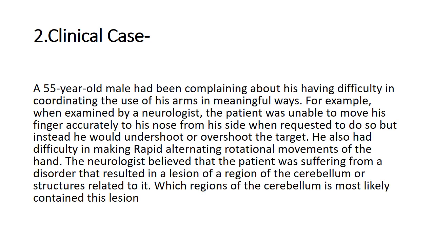Similarly, a patient having difficulty coordinating the use of his arm in meaningful ways, unable to move his finger accurately, and having difficulty in making rapid alternate rotational movement, then you must think the cerebellum is affected.